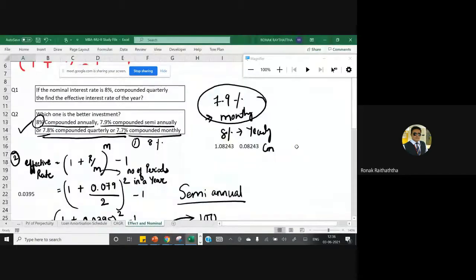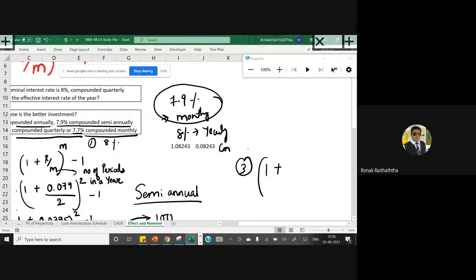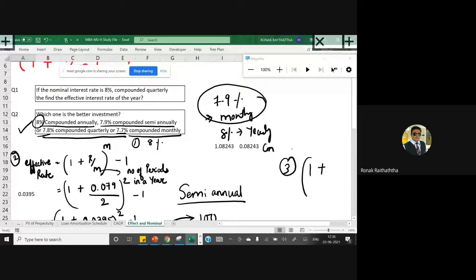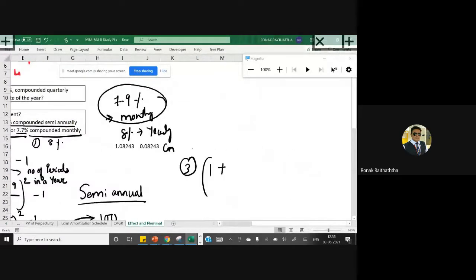Let me frame the equation for you if anyone is a little bit confused. So I'm doing it for quarterly, right? Now, third one. So 1 plus quarterly rate is how much? Given to me 7.8 percentage nominal, right? So I'm writing 0.078 divided by 4, raised to 4 because there are 4 quarters in a year, minus 1.